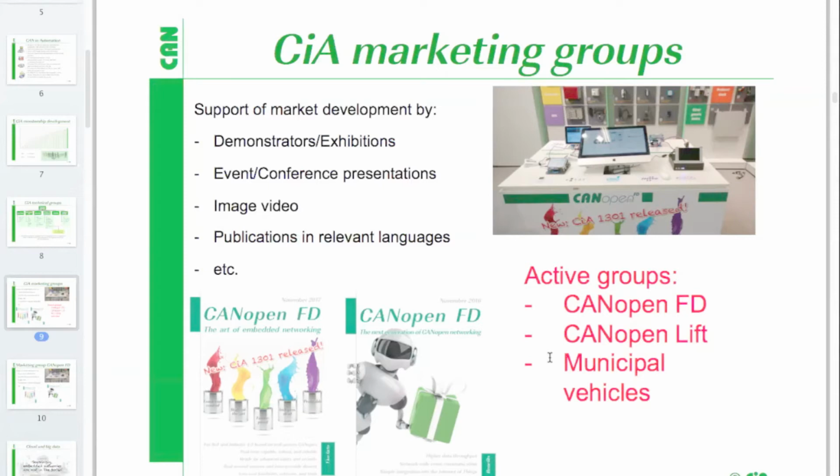For these activities we have various applications. We have conferences where we present what we do right now. We have demonstrators. We participate in exhibitions to help our members promote their products and CAN-based technology in various application fields. So there are these two branches, technical and marketing.